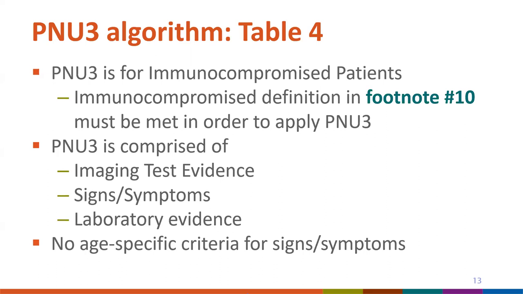Additionally, the patient must meet the new immunocompromised definition in footnote number 10 in order to apply the new 3 algorithm. Again, there are no age-specific criteria. The same signs and symptoms requirements and immunocompromised requirements apply to patients of all ages.